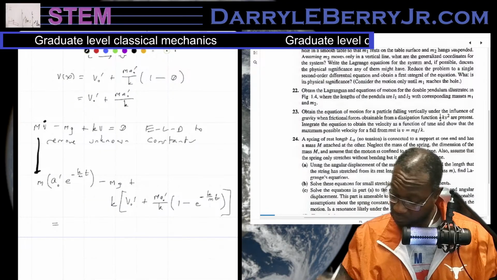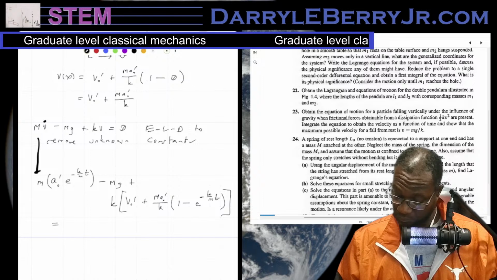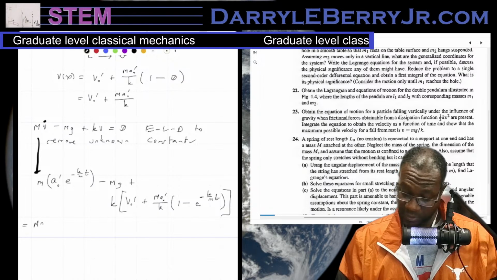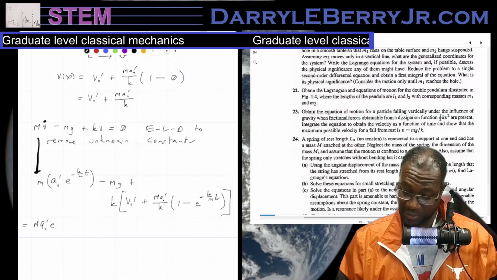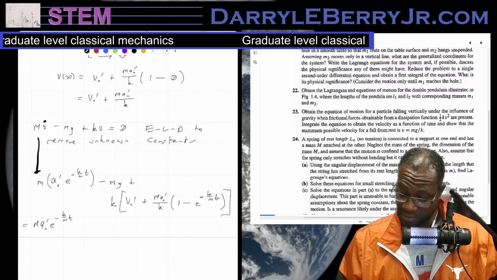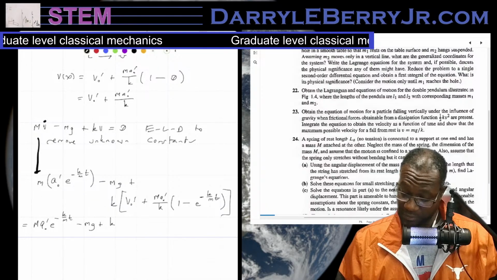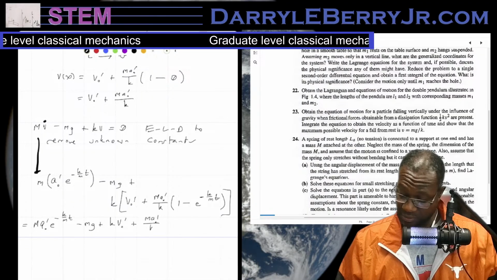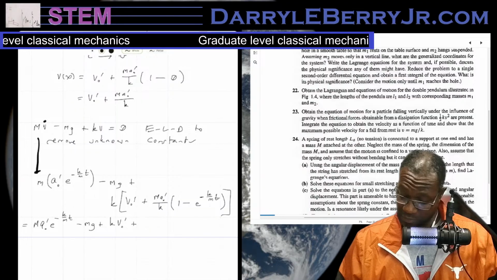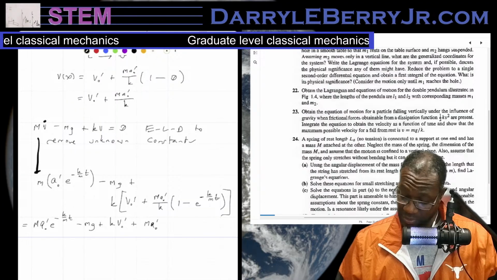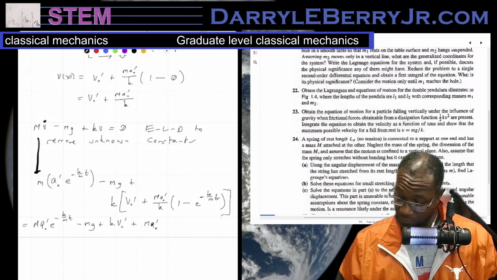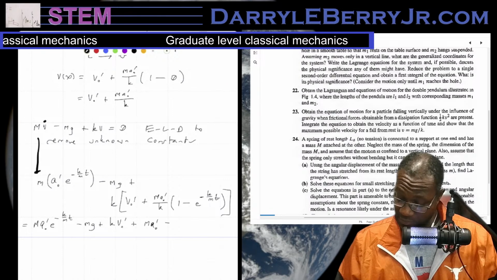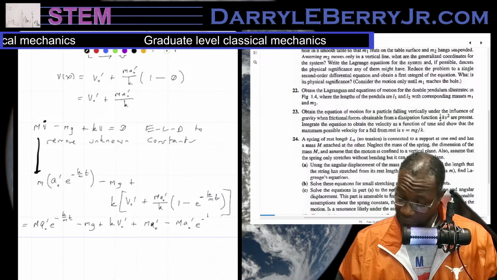This equals m a naught prime e to the negative k over m t, minus mg, plus k times v naught prime plus m v naught prime over k, the k's cancel, plus m a naught prime minus m a naught prime e to the negative k over m t equals 0.